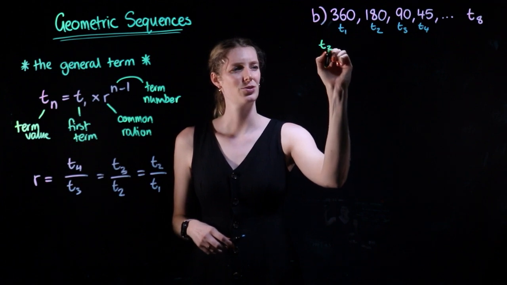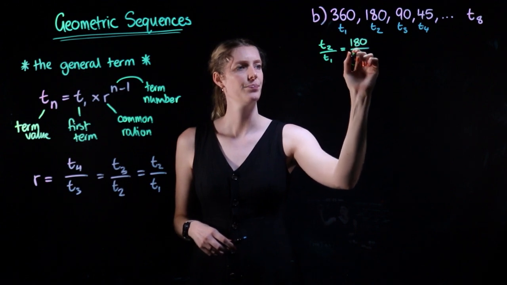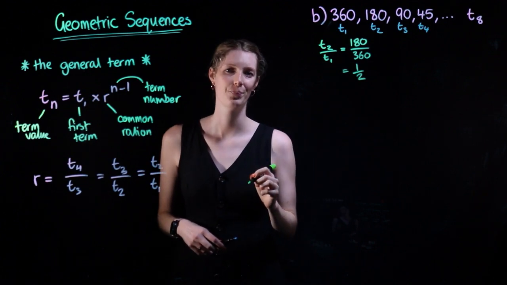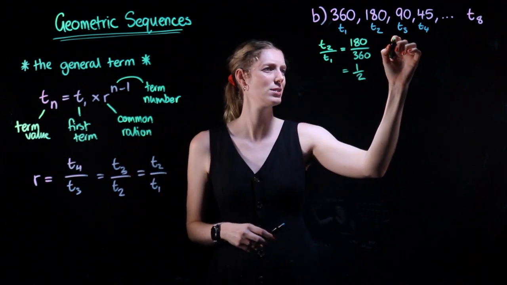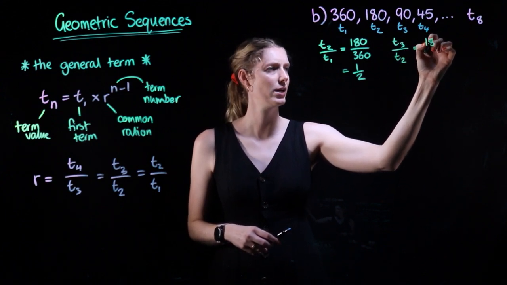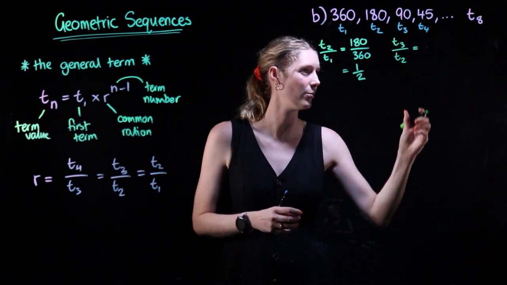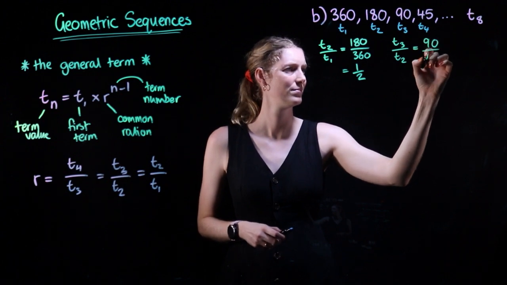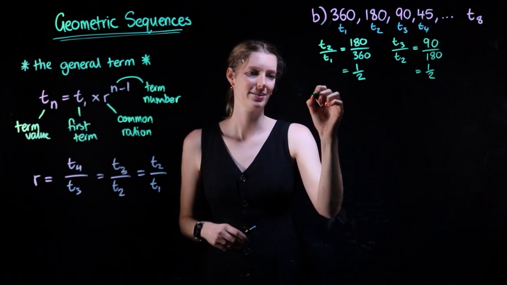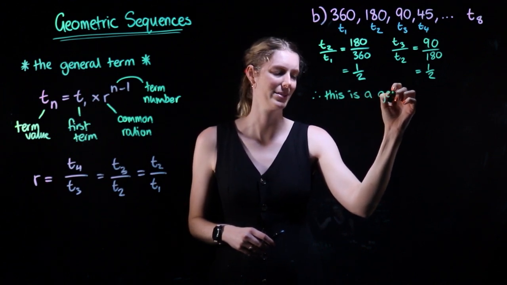So I'm going to start off with term 2 divided by term 1, which is 180 divided by 360, which gives me 1/2. Let's try it again with another pair of terms. Term 3 divided by term 2 is 90 divided by 180, which is also 1/2. So we can confirm that therefore this is a geometric sequence.